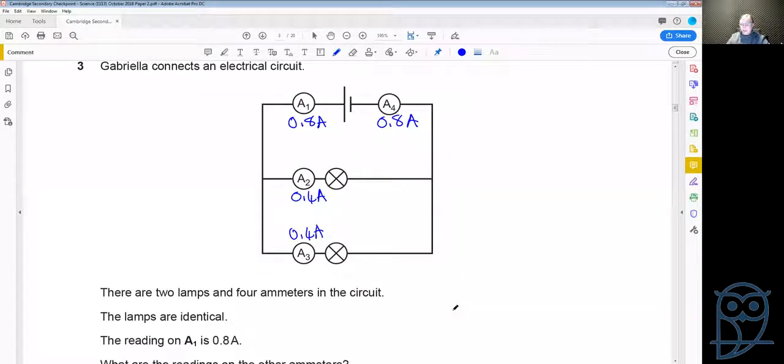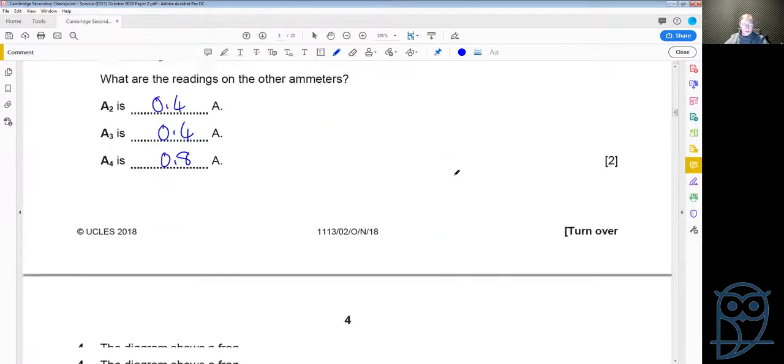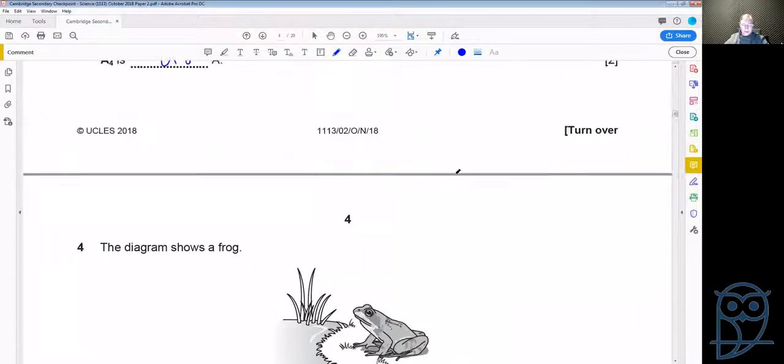So the trick here is that in series circuits, the voltage will be different over each component, but in parallel circuits, the amperage will be different over each branch of our parallel circuit. I don't think I've covered this in a lesson yet, but I will do so.